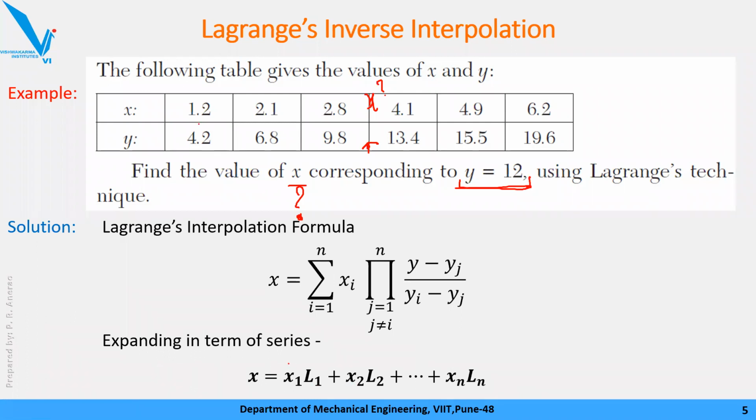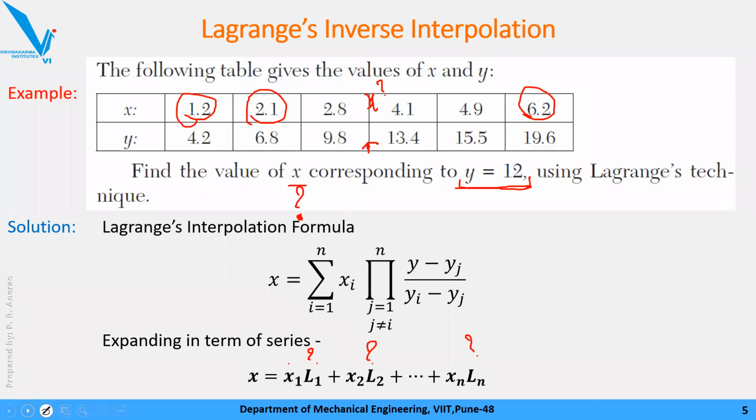Here x1 is 1.2, x2 is 2.1, and so on up to xn, that is 6.2. But the problem is, what are the values of L1, L2, L3 up to Ln? So we will sort it out.